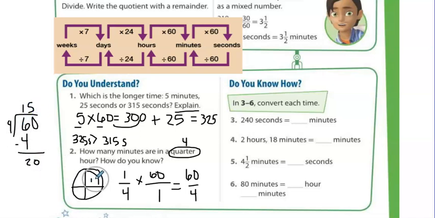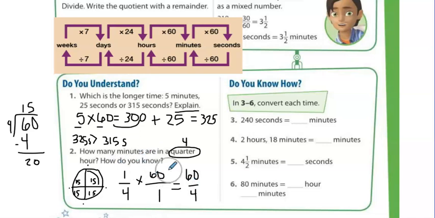Each of these sections represents 15 minutes. So 15, another 15 is 30, another 15 is 45, and if you think about your clock, another 15 is going to be that full hour.